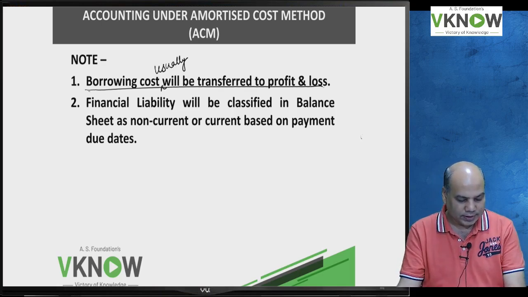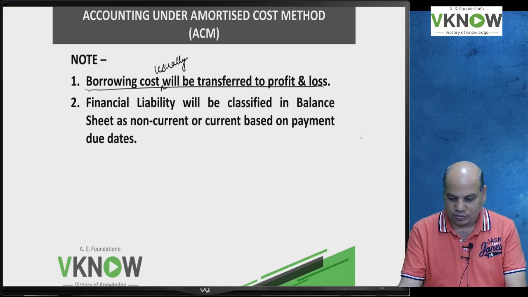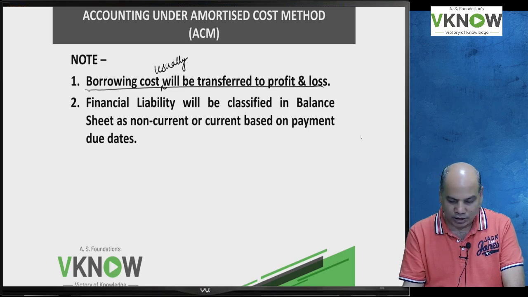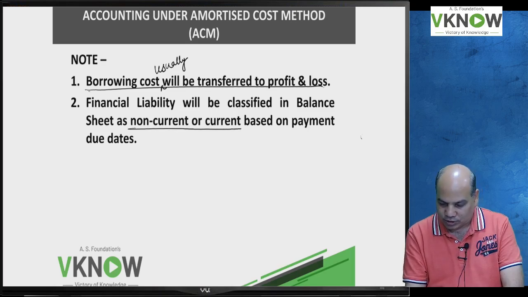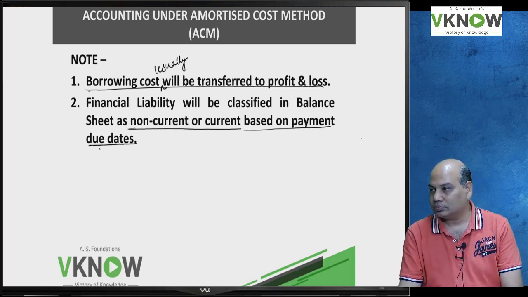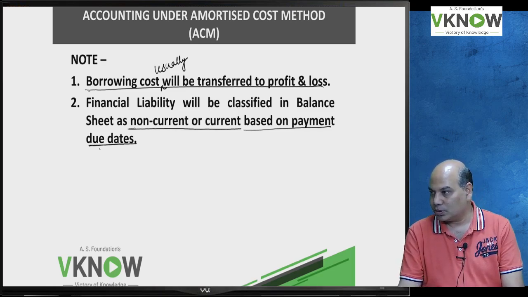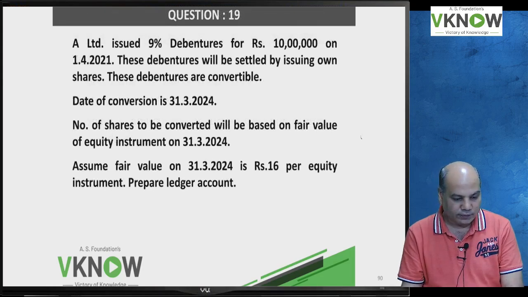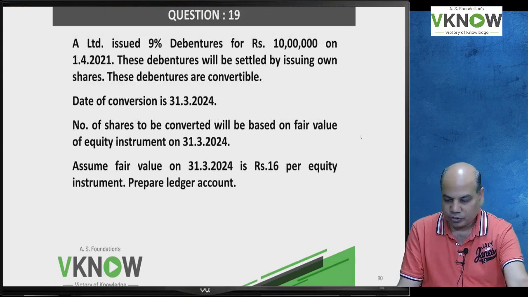It's not a general statement, it is subject to Ind AS 23. Financial liability will be classified in the balance sheet as either current or non-current, depending upon how much portion is payable within 12 months and how much is payable beyond 12 months. Now we are going to solve some basic fundamental questions.